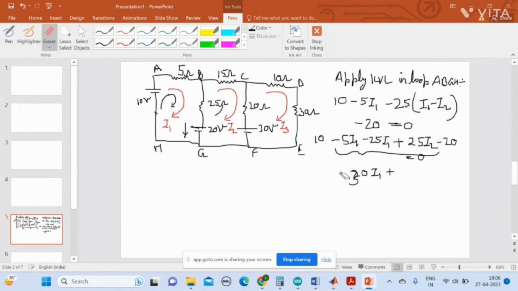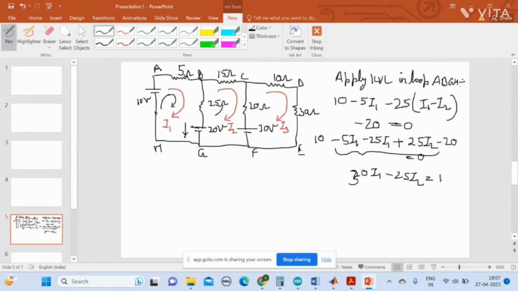Therefore these both terms will get added, so this will come out to be 30I1, and we will take this to the right hand side. Therefore it will get positive. 30I1 minus 25I2 is equal to, these both get minus, therefore minus 10. This will be equation first.